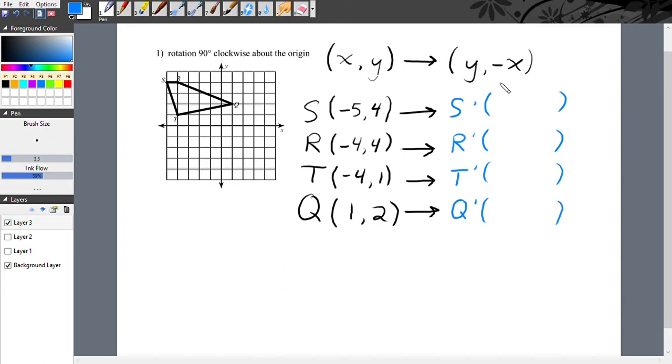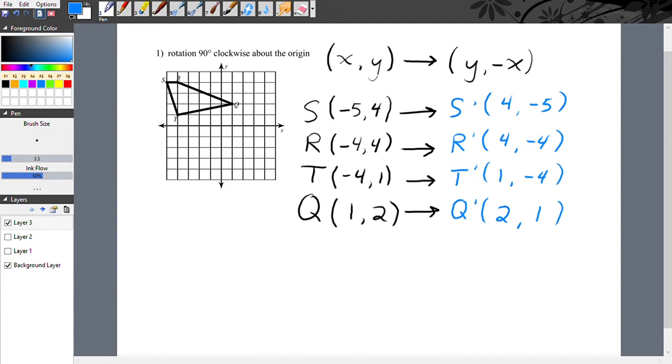So the first thing that I'm going to do for this transformation is just switch my y and my x. So I'm going to put my 4 first, my -5 second. I'm not going to worry about changing any of the signs yet. I'm just going to start by flipping my x and my y first. That way I know that I have all of them in the right spot. So I'm going to start by just doing that step.